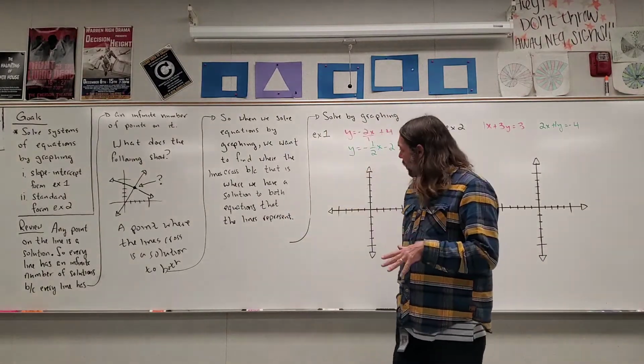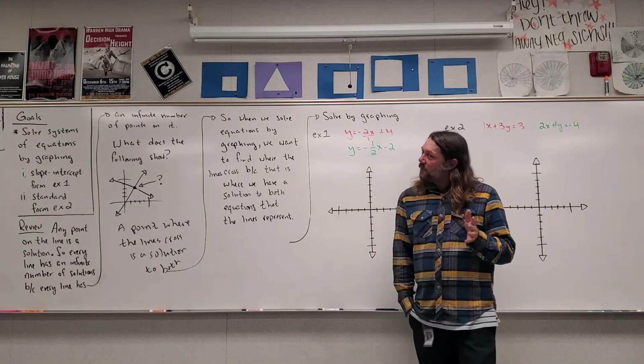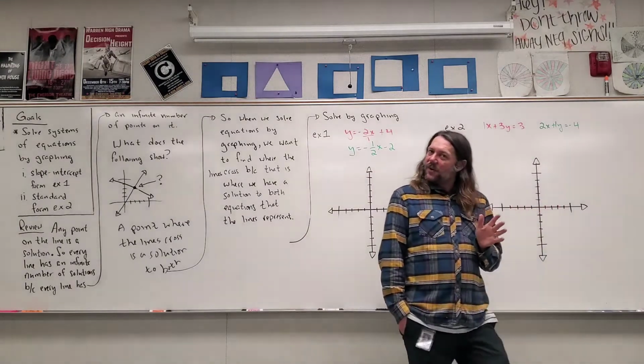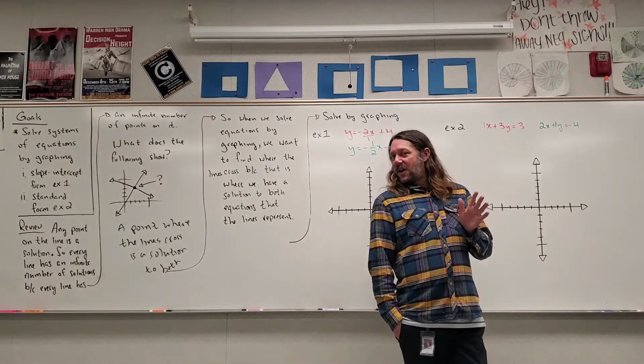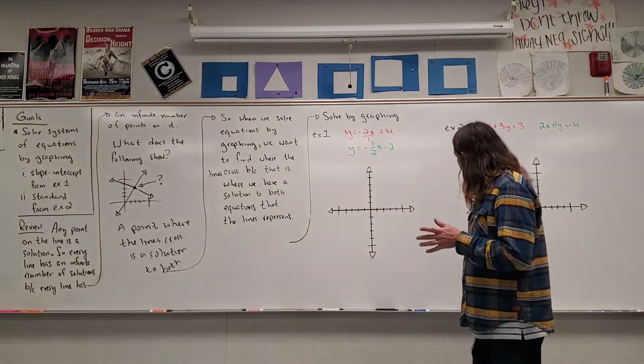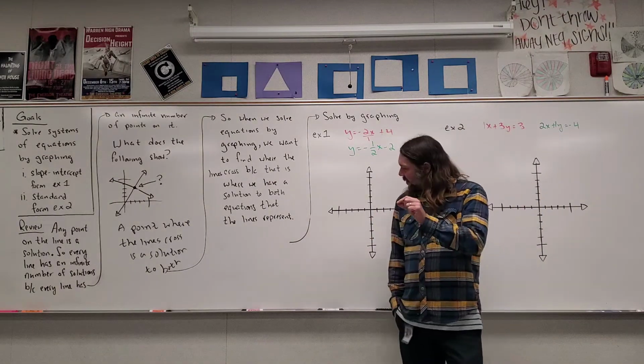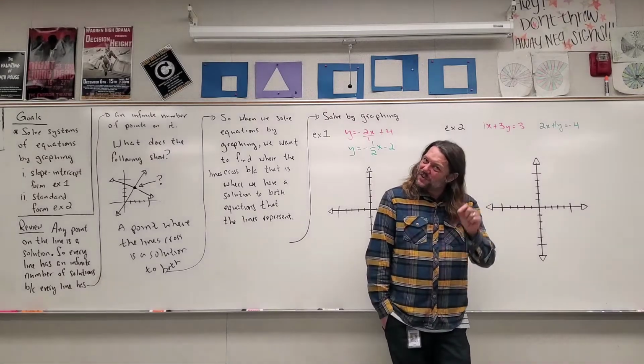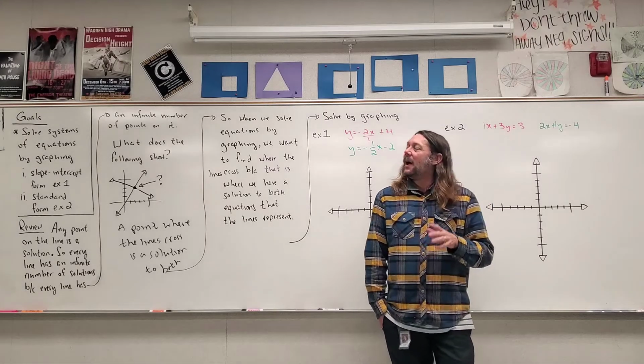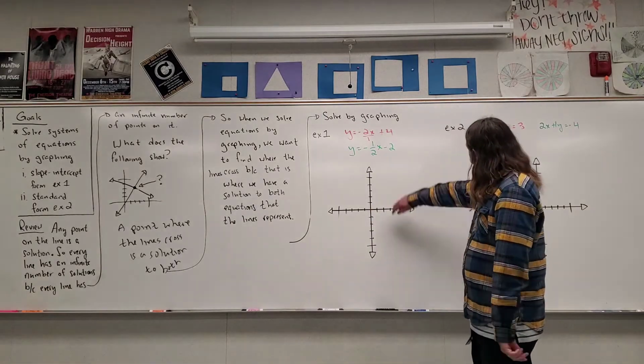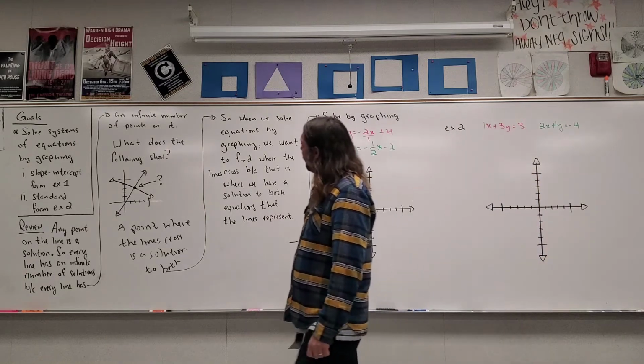But we do need to know how to solve these by graphing. So when you graph, you're going to want to use a ruler and be as accurate as you can. I don't have a ruler that I can use, so you'll see how I use the slope to continue the pattern.